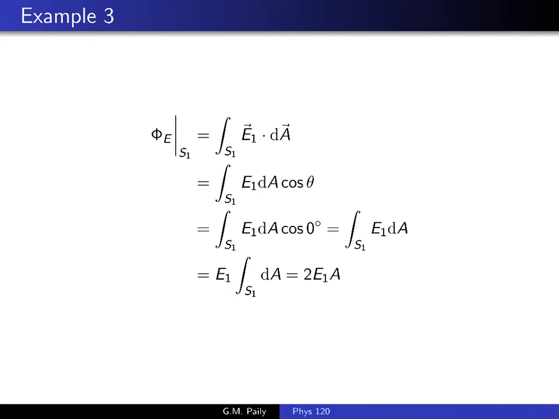Once again, there are two faces, each of area A, that have flux passing through them. So our final result is 2E1 times A, and plugging in for A, we get 2E1 times hL.